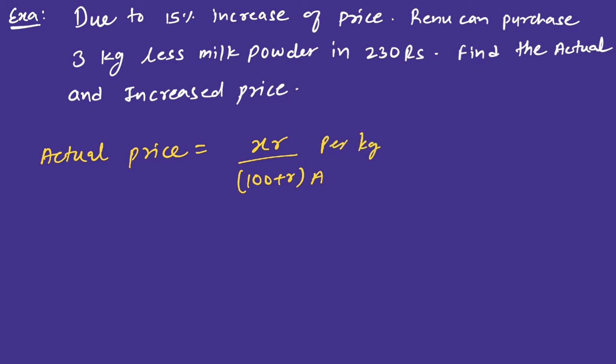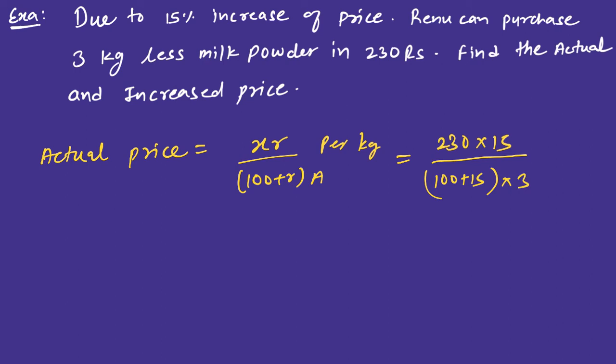So what is the value of X here? Value of X is 230 and the value of R is 15, divided by 100 plus R. 100 plus R means 100 plus 15, into A. Value of A is 3, right?